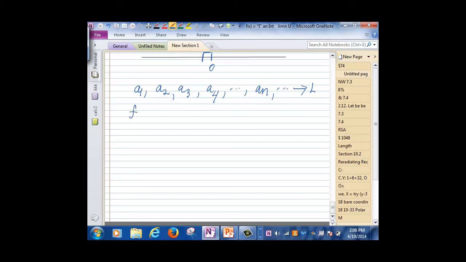By evaluating the function f at a_1, at a_2, at a_3, at a_4, dot dot dot, at a_n, dot dot dot. What we are saying is that the limit of this new sequence is f of L. That's what we are saying. Everybody gets that?